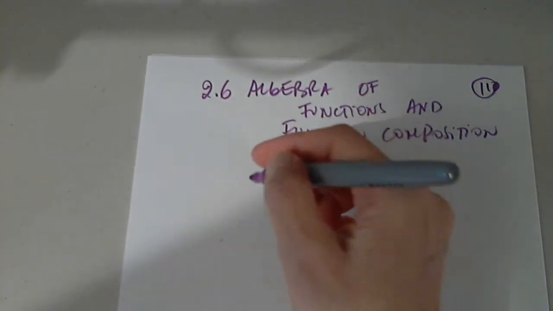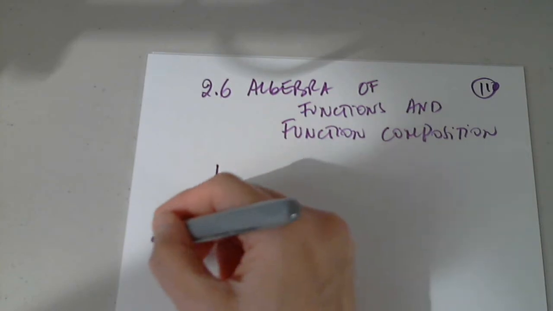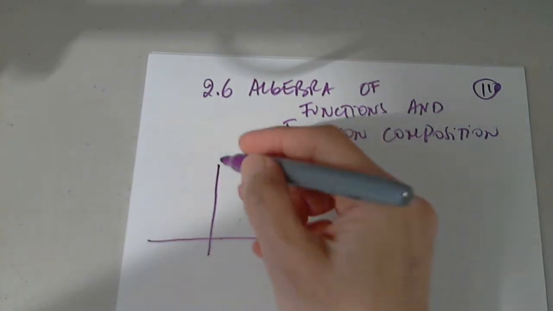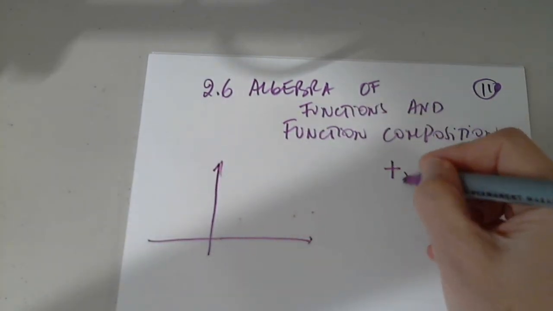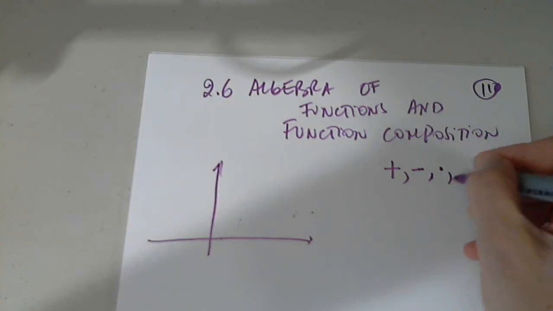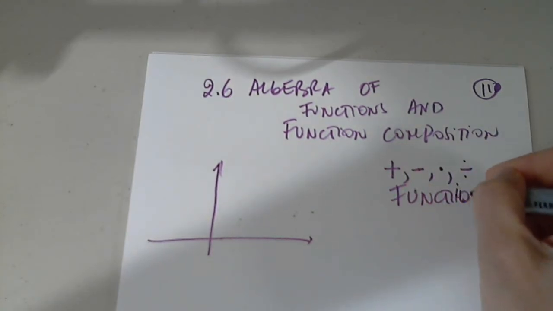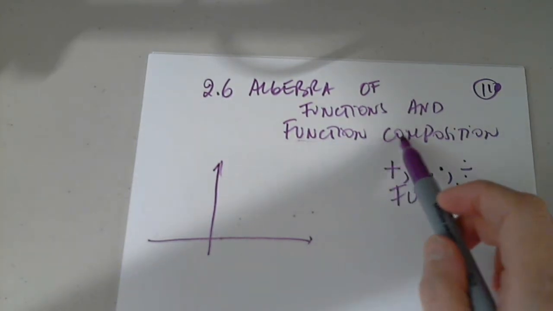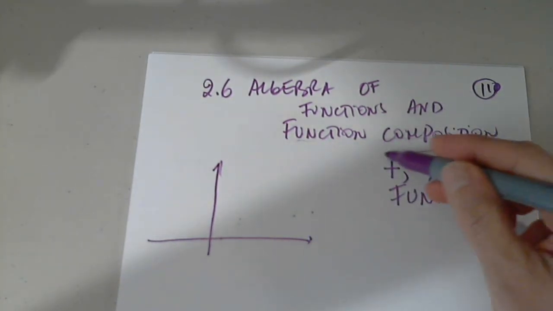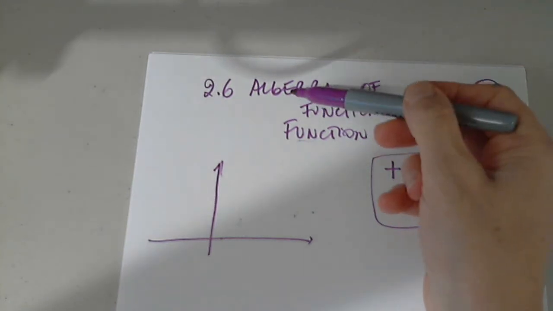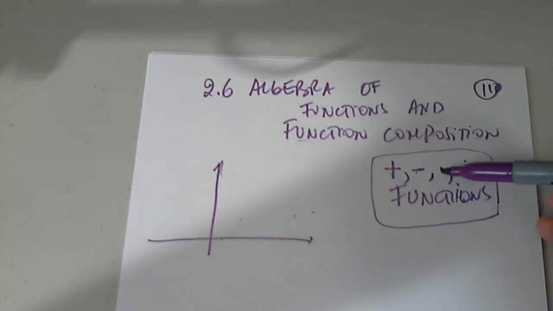So what happens here is when we want to, let's say, add or subtract or multiply or divide functions. Add, subtract, multiply, divide, but this time functions. I did not mention function composition here. So the algebra means addition, subtraction, multiplication, division of functions.